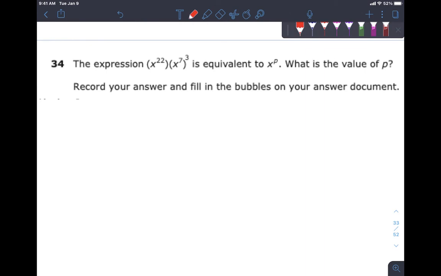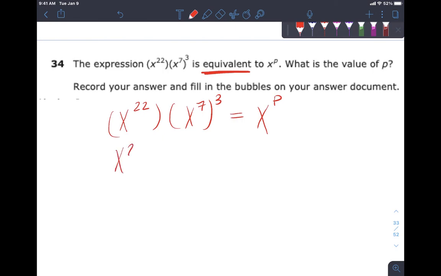I believe so. We can try. But first I want to solve it by hand. So first of all, I'm going to take this part and say x to the power of 22 multiplied times x to the power of 7 to the power of 3 is equal to x to the power of p. That's what they said here. All right, so let's start simplifying.